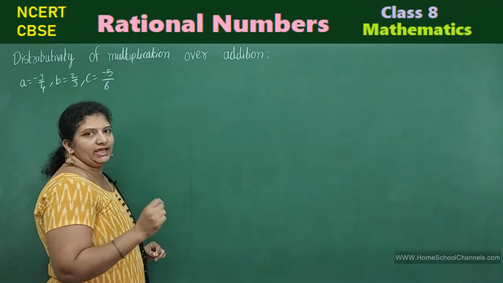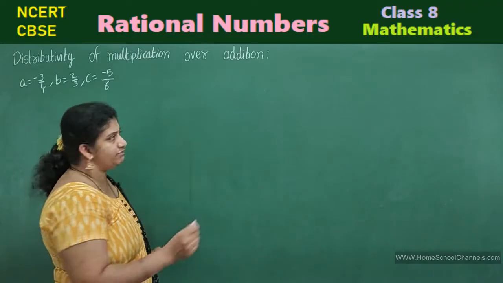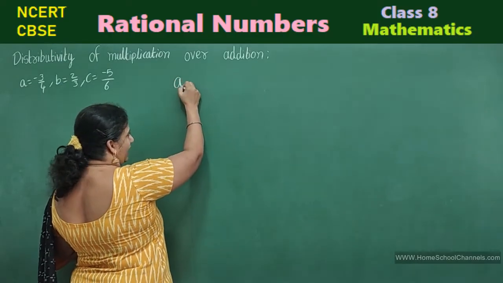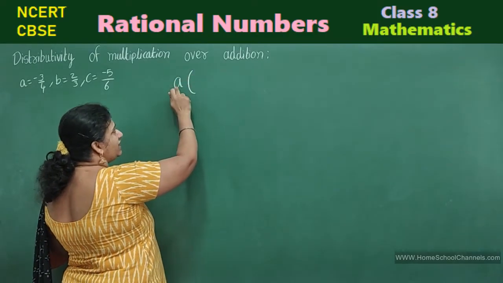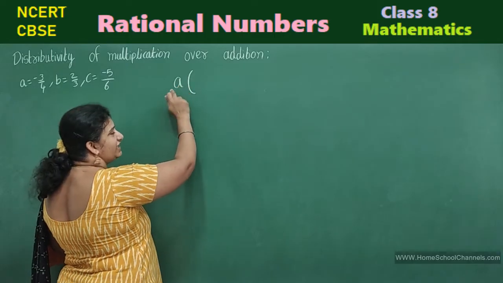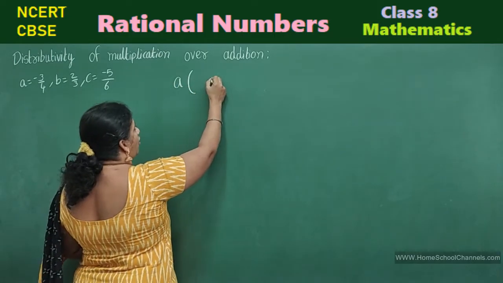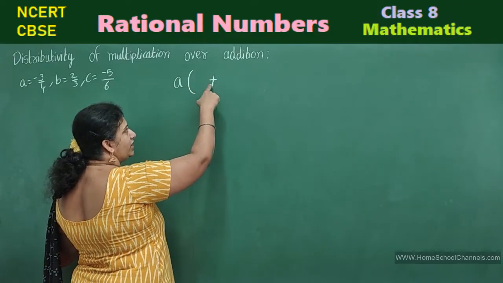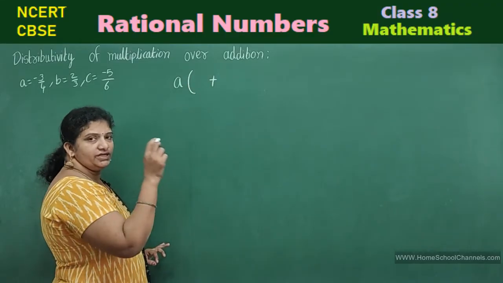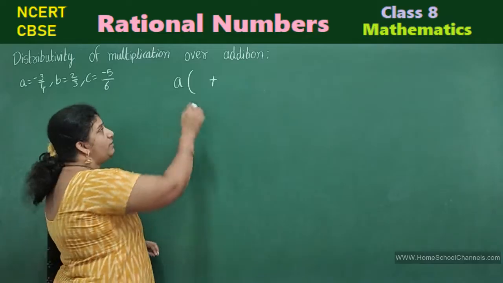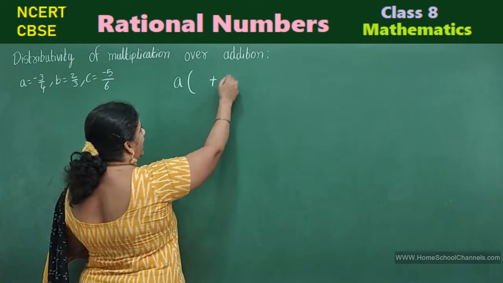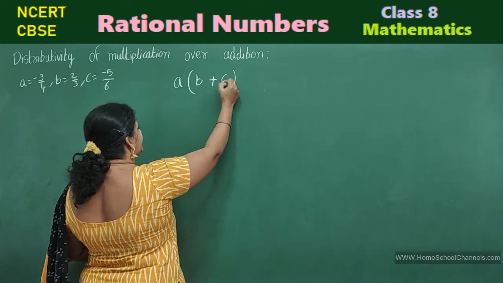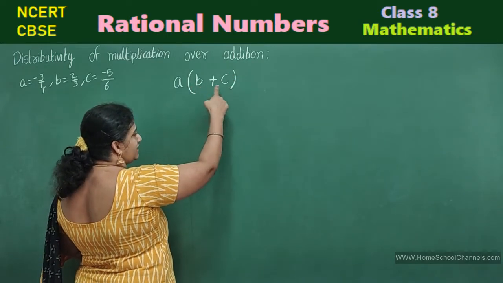We need to take any three rational numbers A, B, C and remember the property: distributivity of multiplication over addition. Over addition means here the plus.